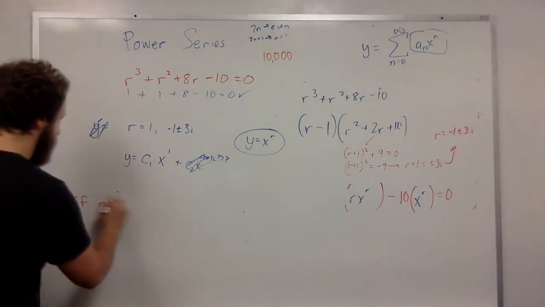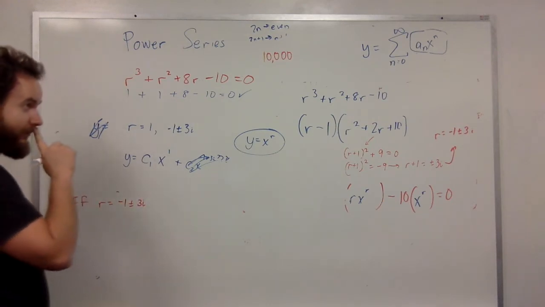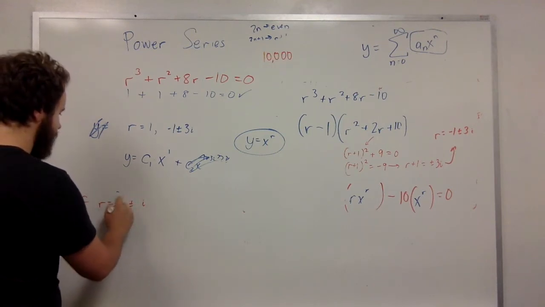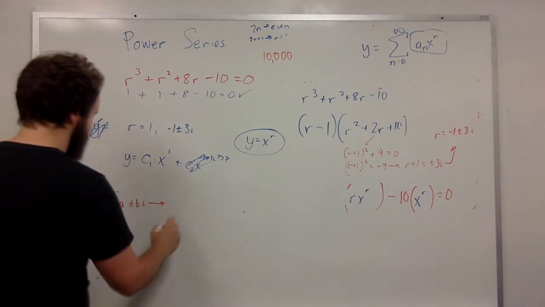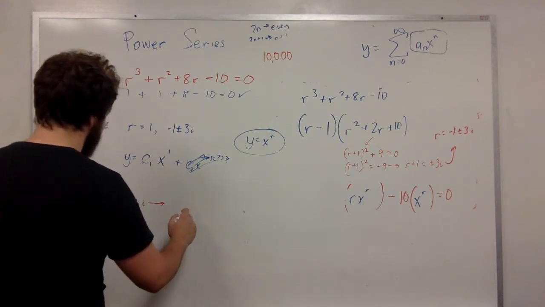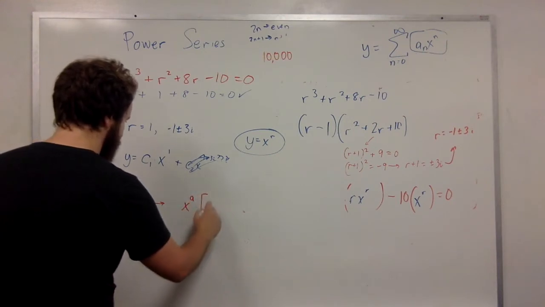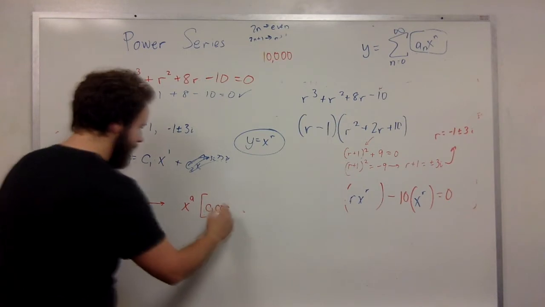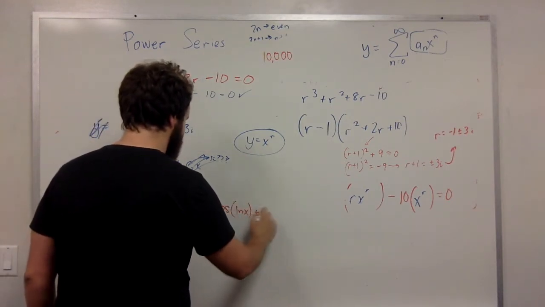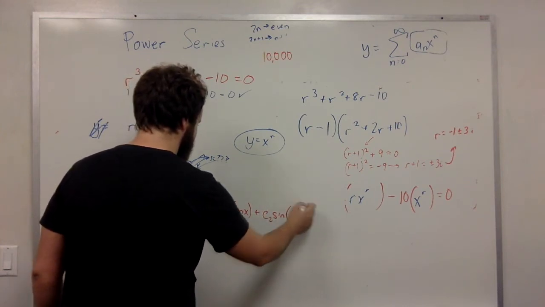If r equals negative 1 plus or minus 3i, I should say a plus or minus bi, then you're going to have, here we go, x to the a times c1 cosine of ln of x plus c2 sine of ln of x. Buckle up.